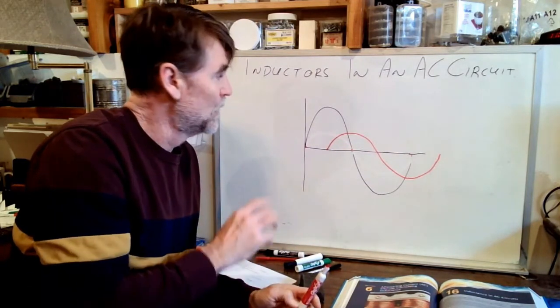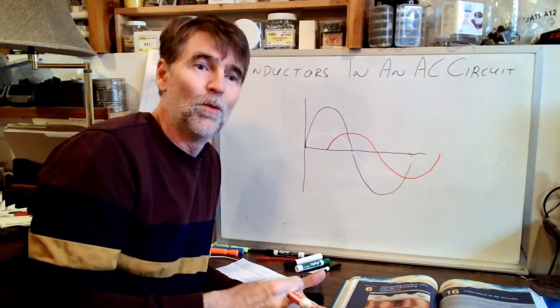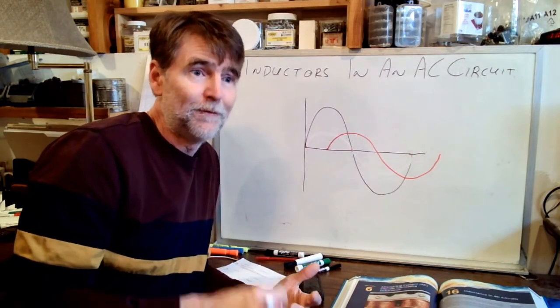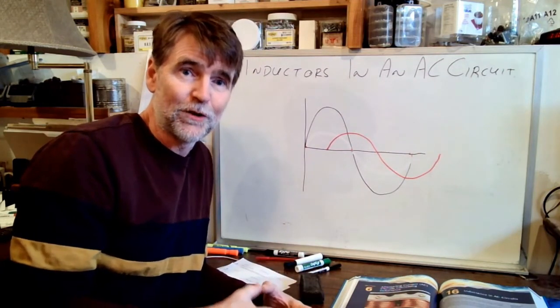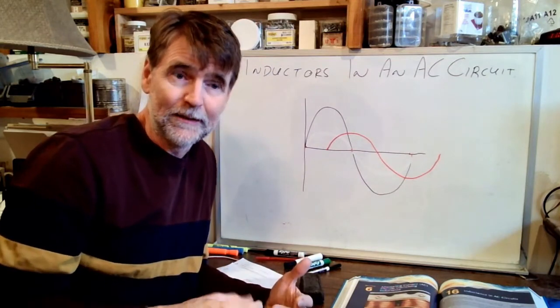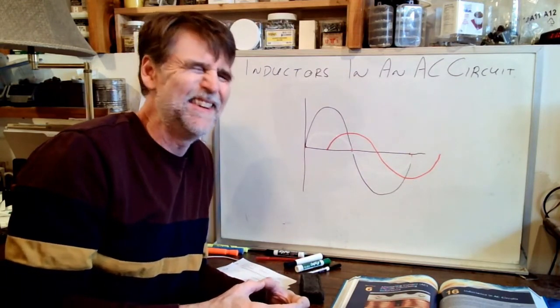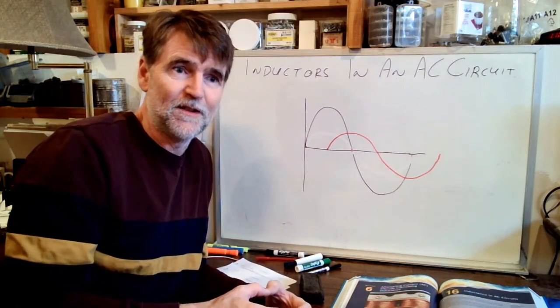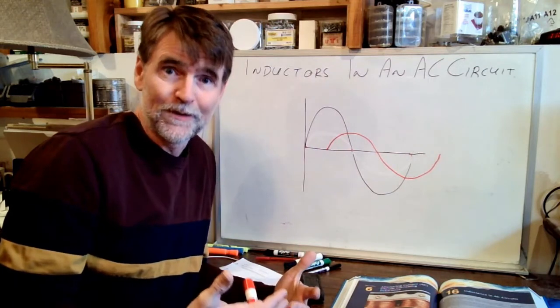Now, there's our 90-degree triangle, our right-angle triangle, so that's a good thing. Unfortunately, there's no such thing as a purely inductive circuit. We can talk about it theoretically, but realistically, every single circuit is going to have at least the tiniest little bit of resistance, because the wire that's required to build the circuit is going to have a resistive value to it.